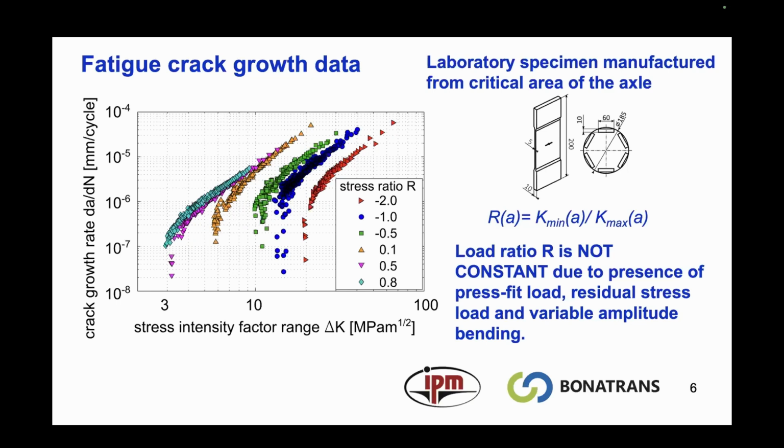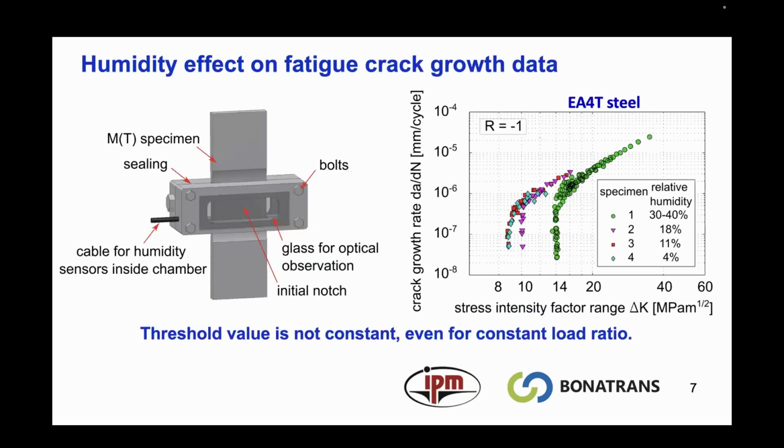There is press-fit load inside the axle, different amplitude loading, and residual stresses from technological processes. Today, I would like to speak more about the effect of humidity on fatigue crack growth.